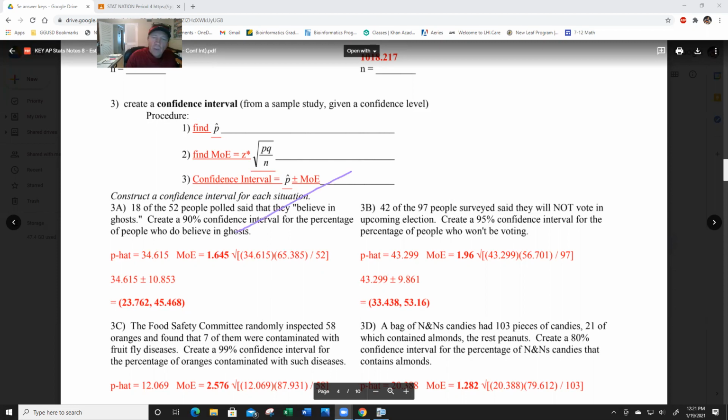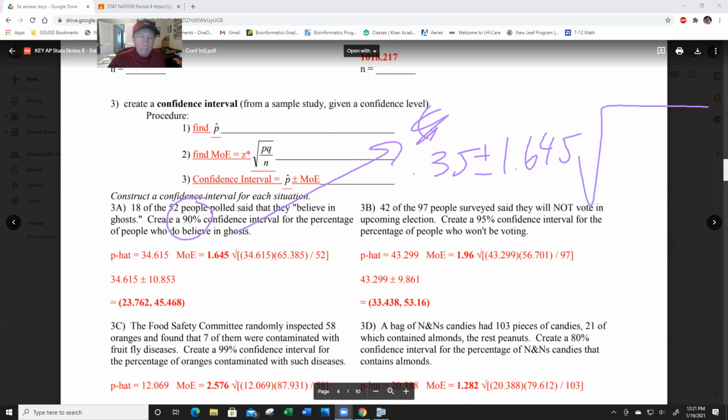So I'm gonna go 0.35 plus or minus, 90% is 1.645 times, you ready? P, 0.35, 1 minus P, 0.65 over n, which is 52. And then you're gonna calculate that.